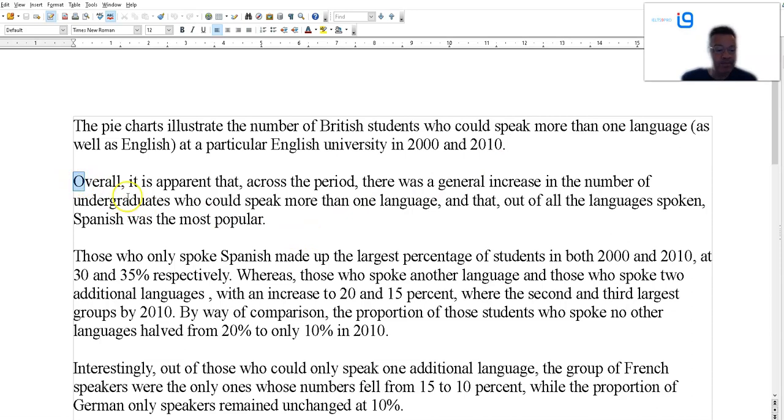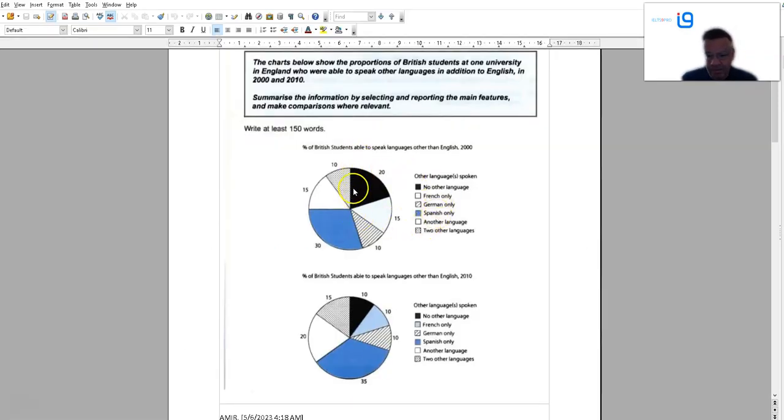Okay, now, key features. Now, it was obvious here that there's a general increase in the number of undergraduates who could speak more than one language. Because if you compare them all, you've got no other language at 20%, and now it's 10. And the number of Spanish speakers has gone up. Another language has gone up. The German one's the same.